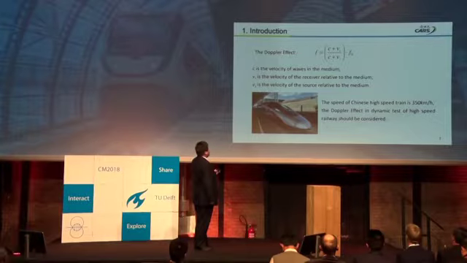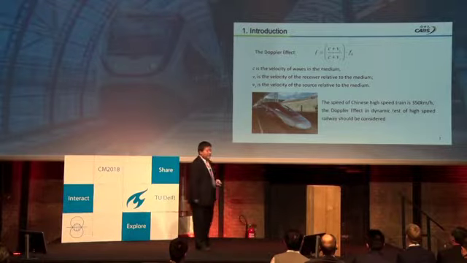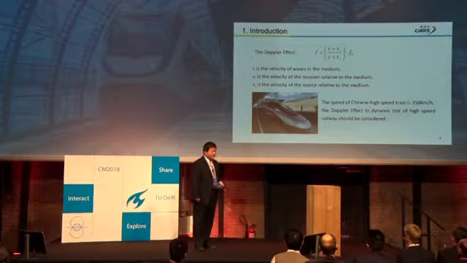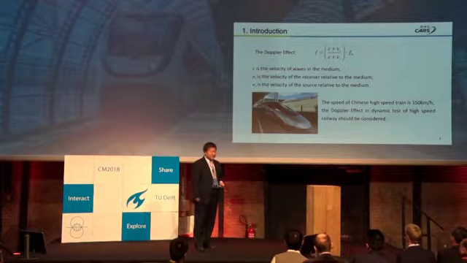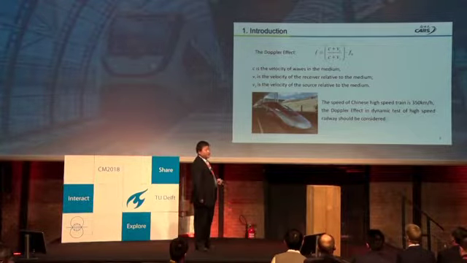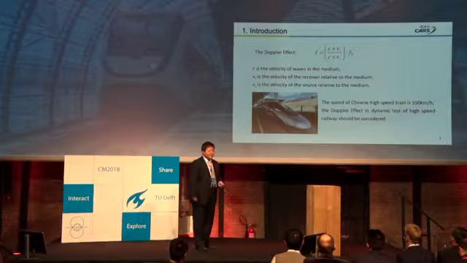The larger the velocity of the receiver and the source relative to the medium, the more evident the Doppler effect. In China, the operating speed of trains is 350 kilometers per hour, so the Doppler effect in dynamic tests on high-speed railways should be considered, I think.